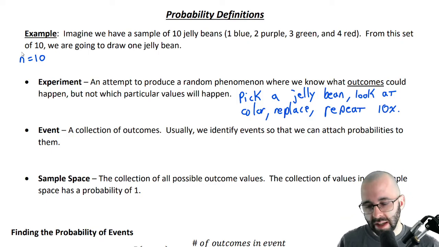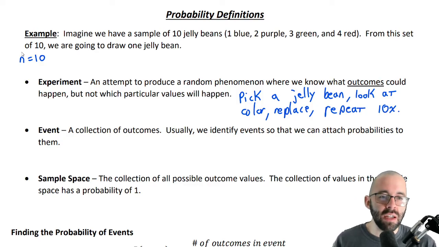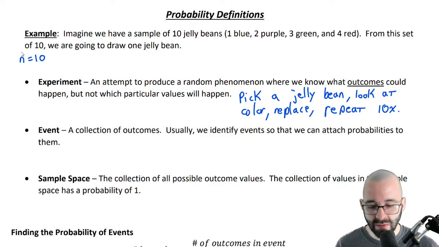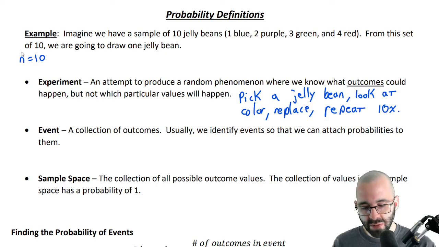So an event is a collection of outcomes. And usually we identify events so that we can attach probabilities to them. So in this experiment, each trial has a result, but the event is all of the outcomes. If we're doing this 10 times, the event would be all the different combinations of colors that we can get. And since we're replacing all of these jelly beans, the number of total events here is huge.